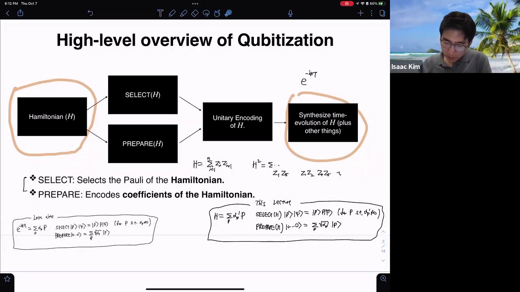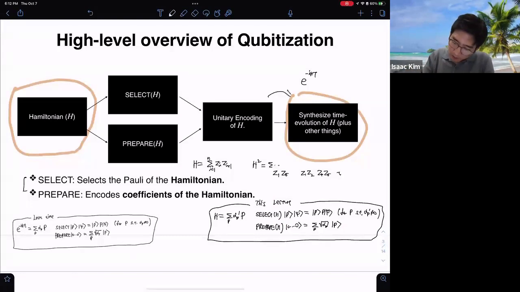That's all very nice, but of course the question is, given these subroutines, how can you actually arrive at this end goal? In qubitization, let me first remark that given select and prepare of H, you can straightforwardly construct what is known as the unitary encoding of H, which I will tell you soon.